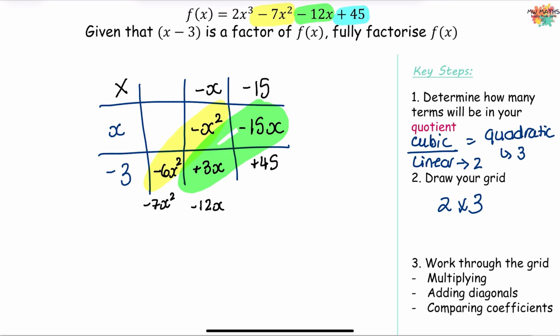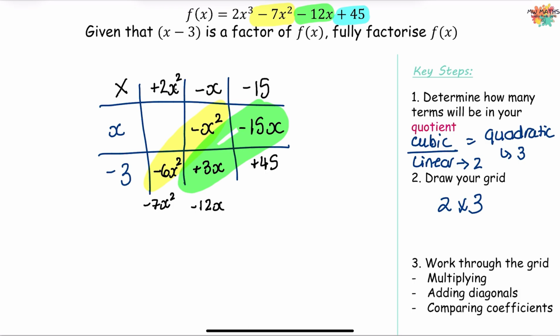Awesome. Now that I've got that, I can do a bit of multiplying to help me figure out this last final empty number over here. What times minus 3 would end up giving me minus 6x squared? Well, that must be a positive 2x squared.